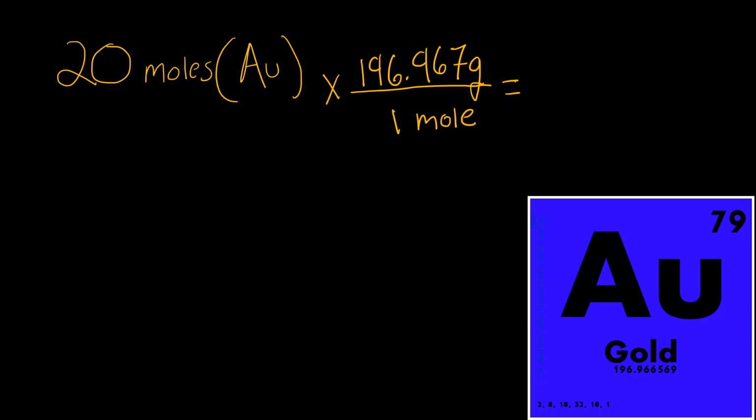Now when we multiply across, our units will cancel. And so now we just multiply 20 times 196.967. And that ends up being 3,939.3 grams.